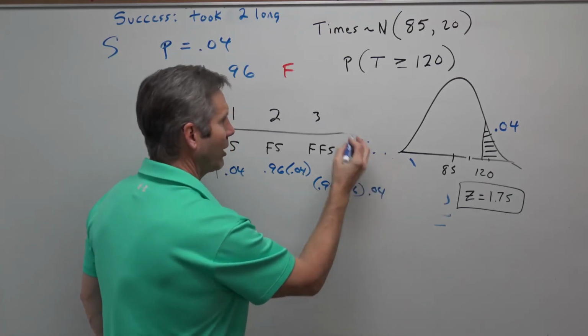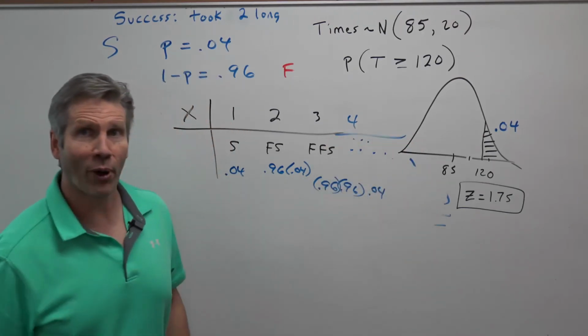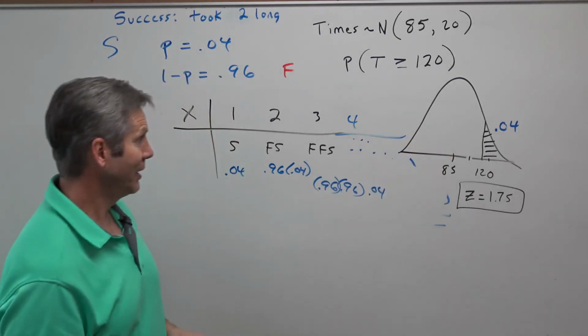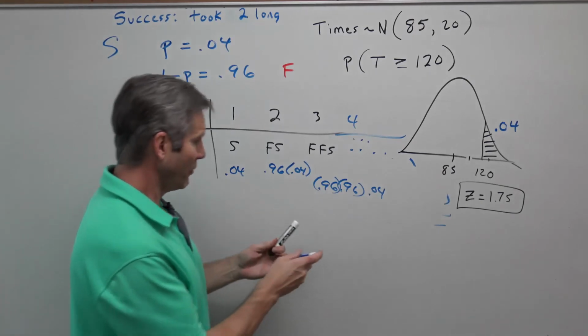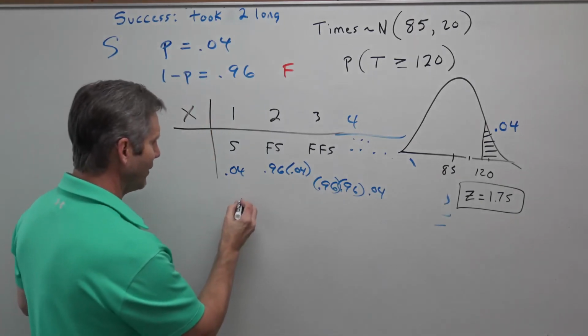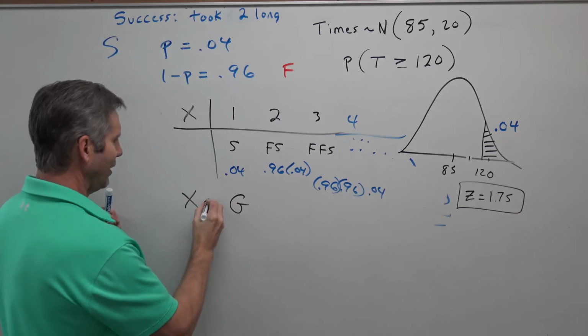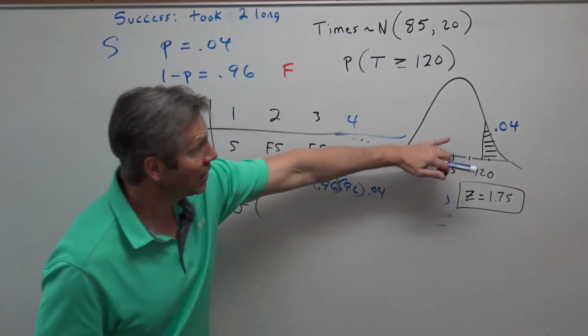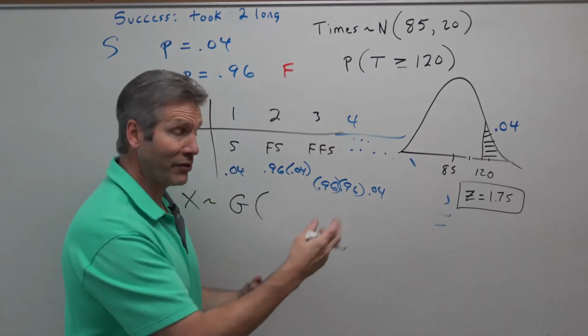Now, hopefully you realize theoretically this could go on for quite some time, but eventually the probabilities are going to get so small that they're negligible. It's as if nothing happens. So this is geometric. One way to represent this is if X is distributed geometrically, there's only one parameter, unlike a normal distribution that has 2, the mean and the standard deviation.